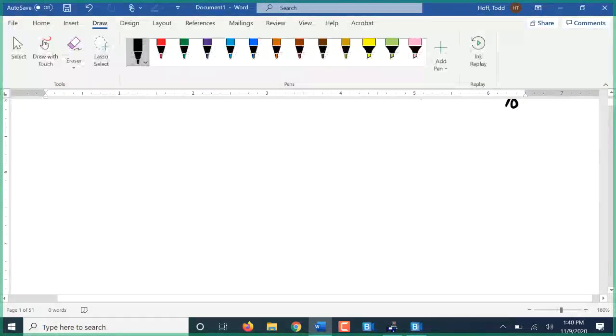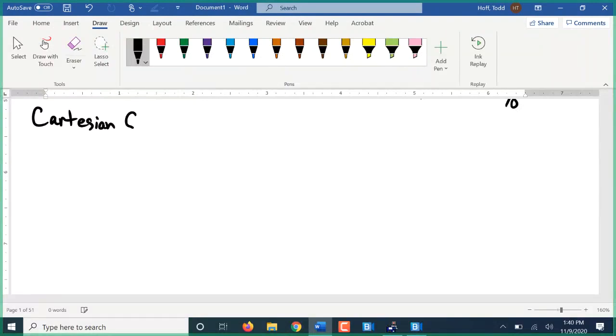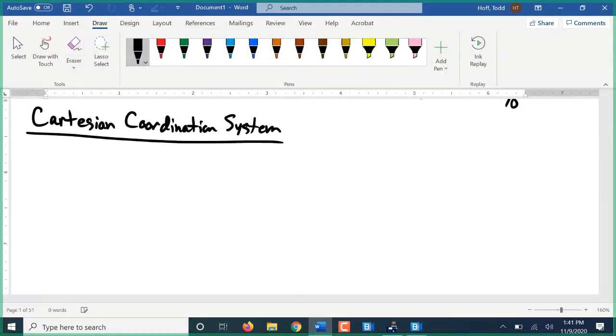Well, about 2,000 years ago, a mathematician by the name of René Descartes came up with something called the Cartesian coordinate system. Now, when you do any sort of CNC in the shop, you're going to use the Cartesian coordinate system.